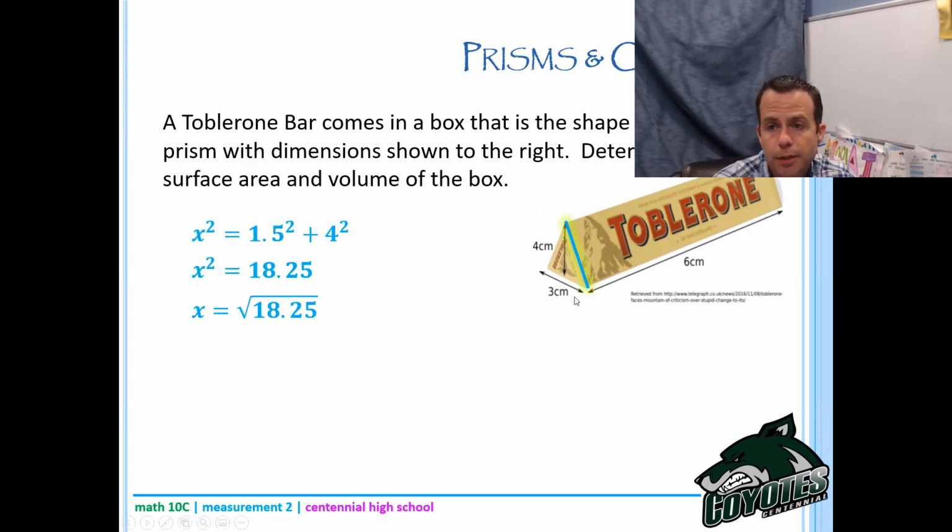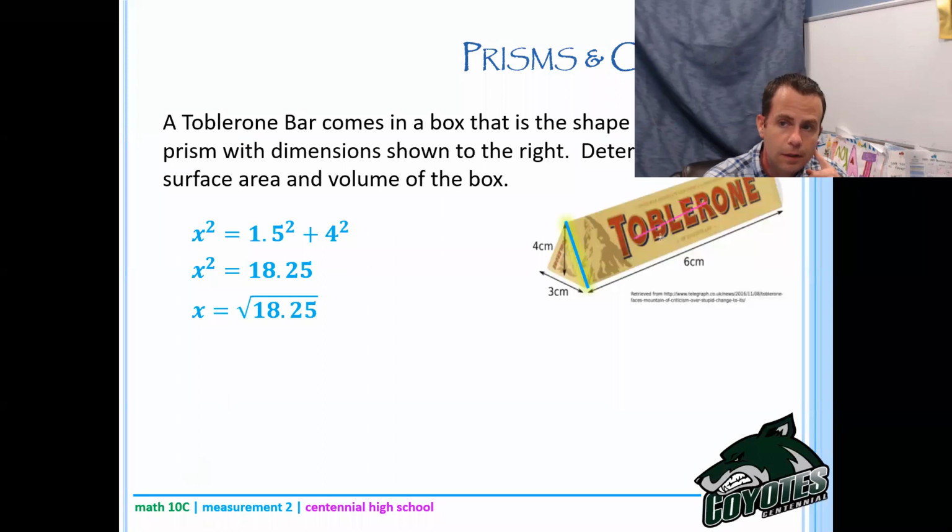I already talked about the fact that I had 2 triangles, so I'll go 2 times base times height divided by 2, which is 3 times 4 divided by 2. This rectangle here and this rectangle right there are the same rectangle.